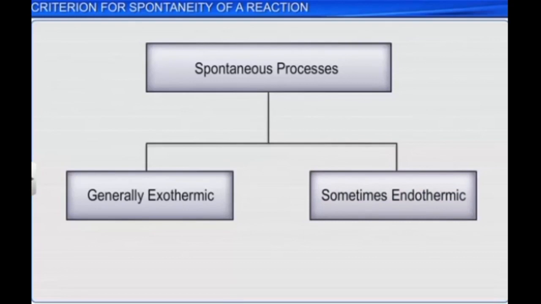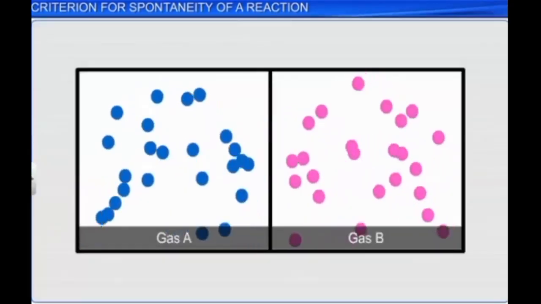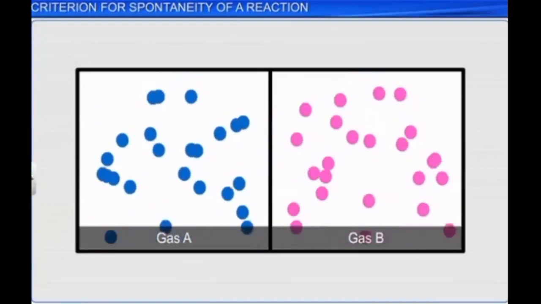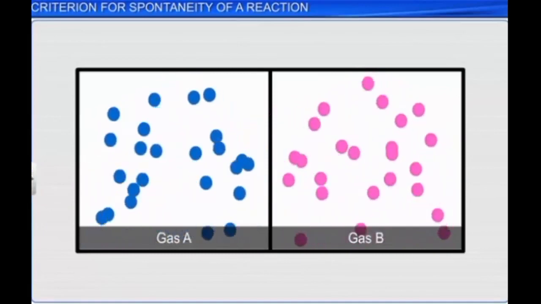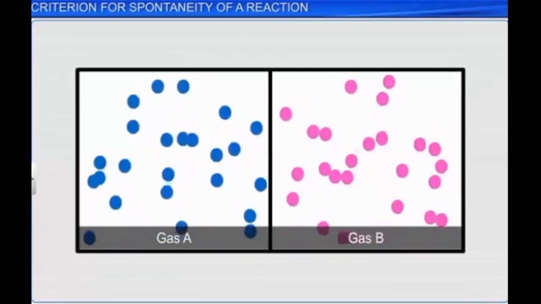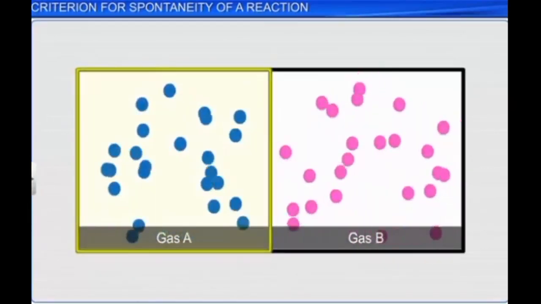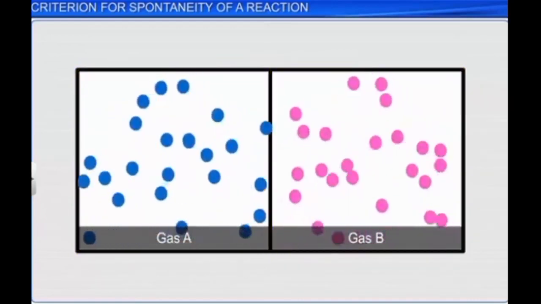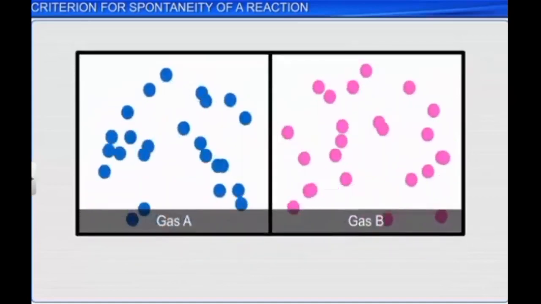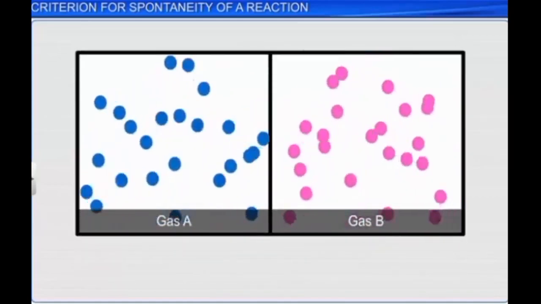We have with us a container with a partition. We filled each side of the container with two gases, A and B, that do not react with each other. When we remove the partition between the gases, we observe that the gases mix with each other spontaneously and completely.